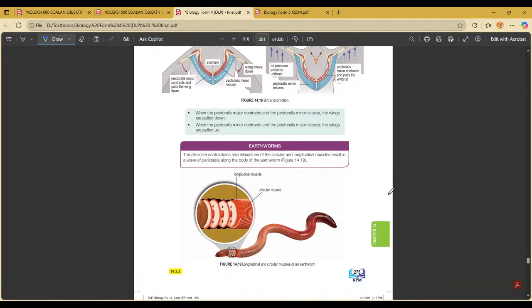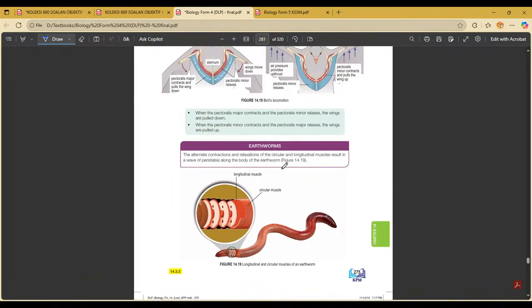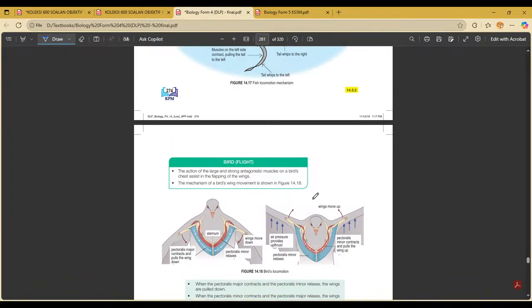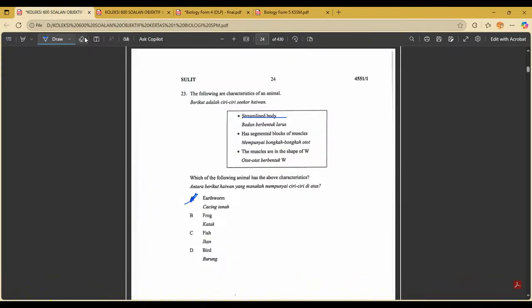Where is it? Here. What's shaped like a W? Ah, fish. See?